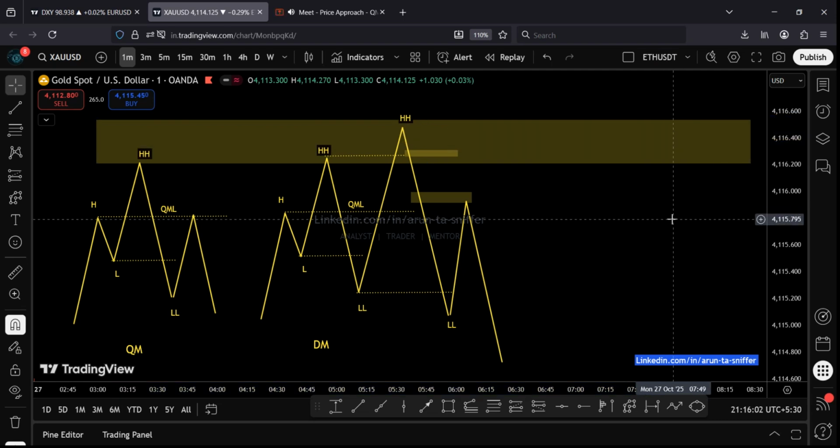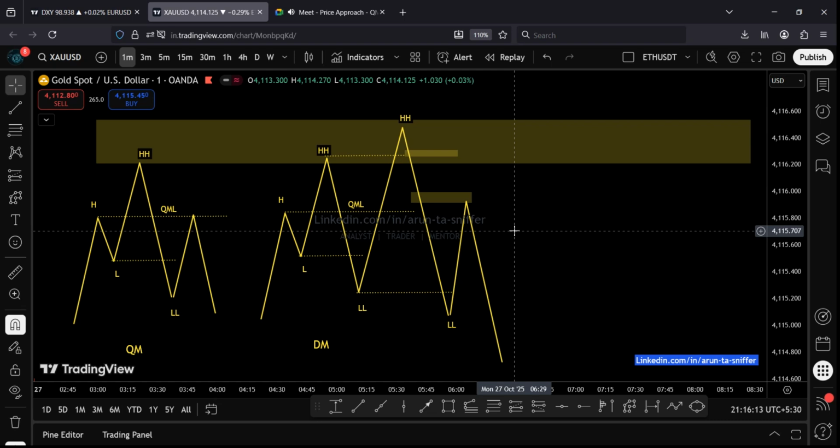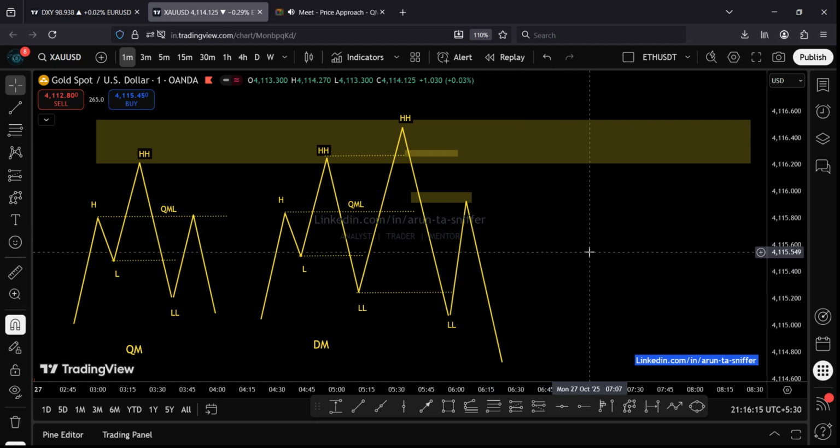Okay, next our price approach is Cancan. You have usually already seen Cancan in the explanation of fakeout and engulf, and I will show you again.